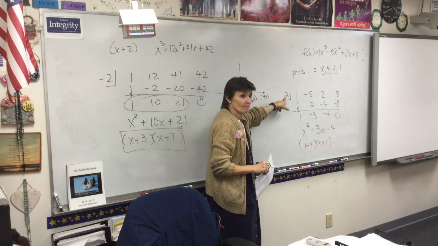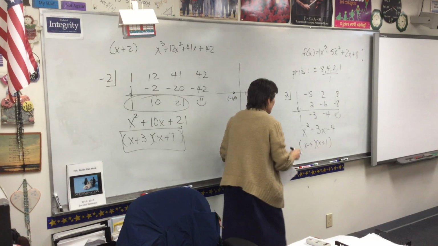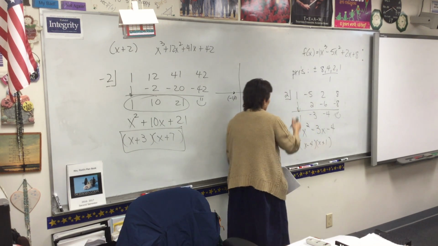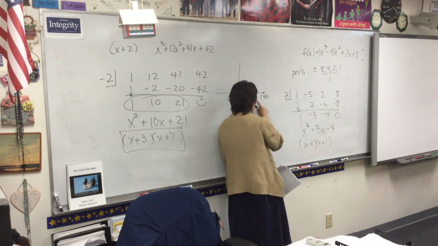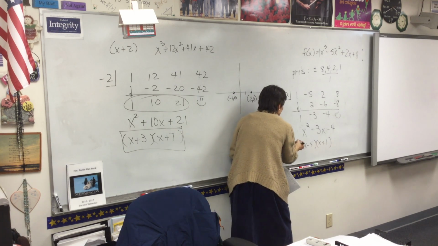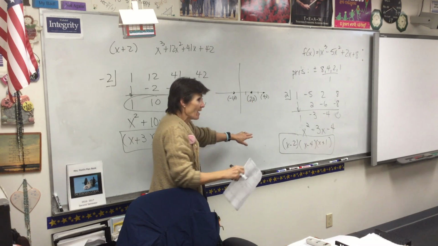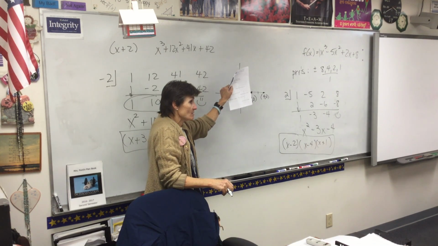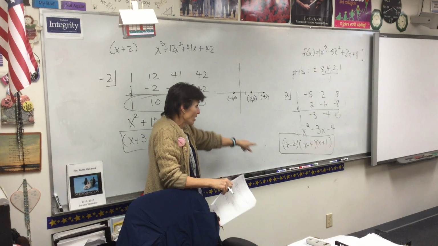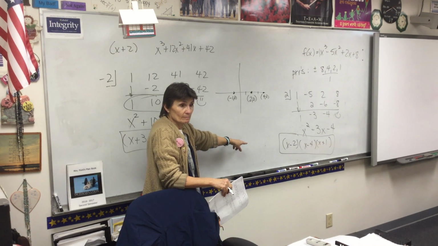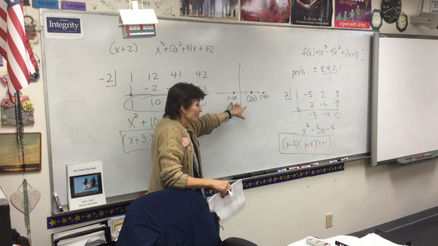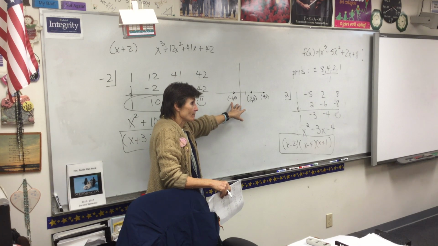That's the dot. Now, if I am building all of the factors, the factor for this dot would be x minus 2. There are your factors. So in the blank where it says find the factors, there they are, right there. Those are the factors that would give me these dots.